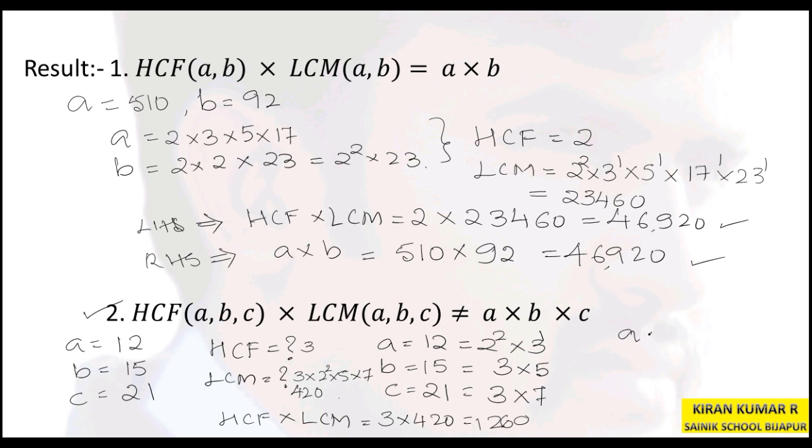Will this be equal to the product of the numbers A into B into C, 12 multiplied by 15 multiplied by 21? It will not be equal. The product becomes 3780. Therefore, this result is also verified.